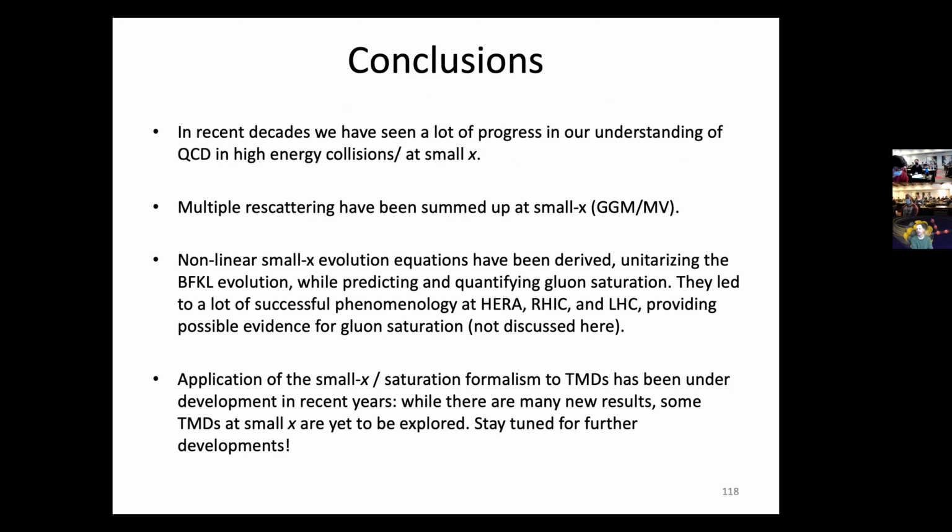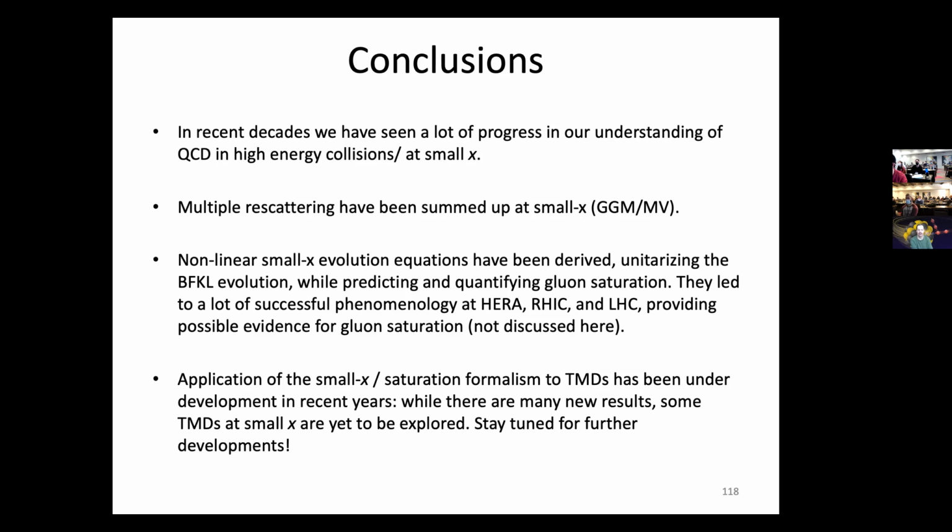There's been a lot of progress over the last couple of decades plus in small x physics, starting with a quasi-classical approximation with the Glauber-Mueller, McLerran-Venugopalan model, to small x evolution equations, which give us the x dependence of many different quantities at small x, which have been rather successful in describing HERA data at small x, and also have had their share of successes in RHIC and LHC phenomenology, providing possible evidence for gluon saturation as well.